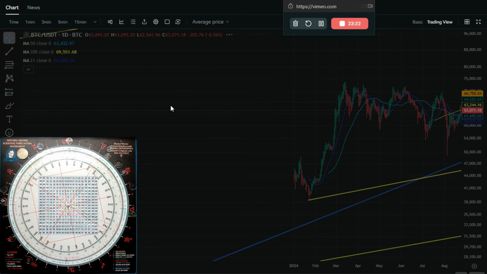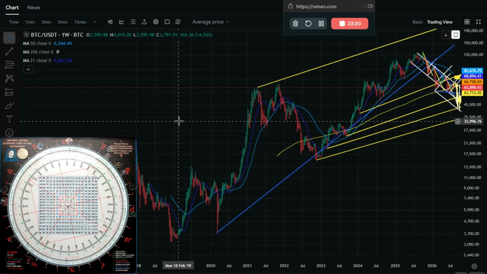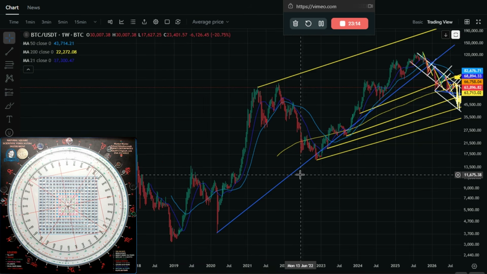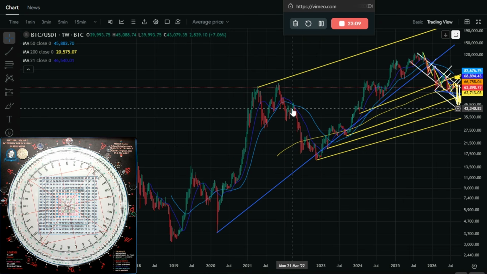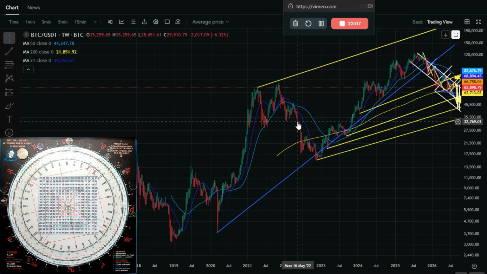So back when we were making our lows at 15,000 here, in the early part of May, I was stating that we were not in a bull market, we're in a bear market, and that our bottom would not come until 12, 13, and 14 months.